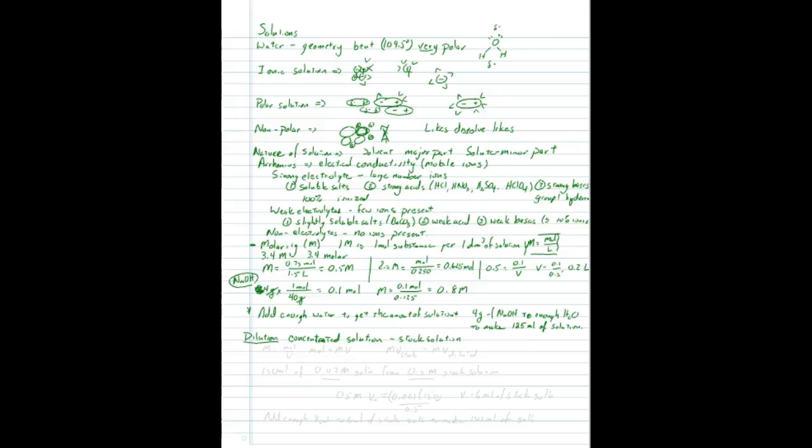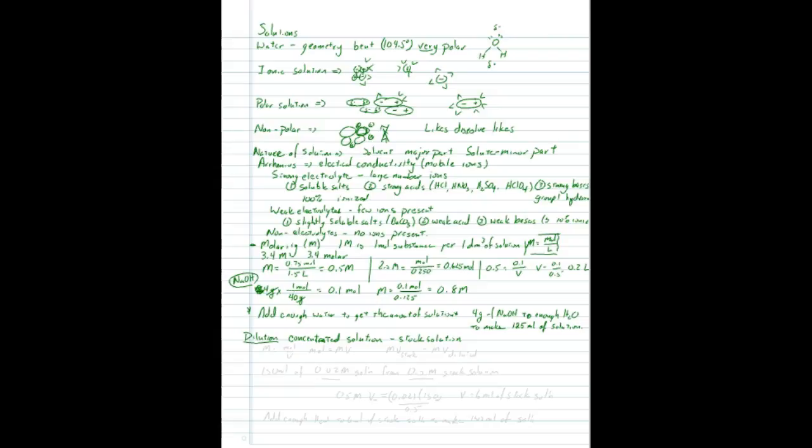Rather than have a huge jug of a solution that you're going to do experiments with, you have a small amount and then dilute it down to what you need. So you want to dilute a stock solution down.